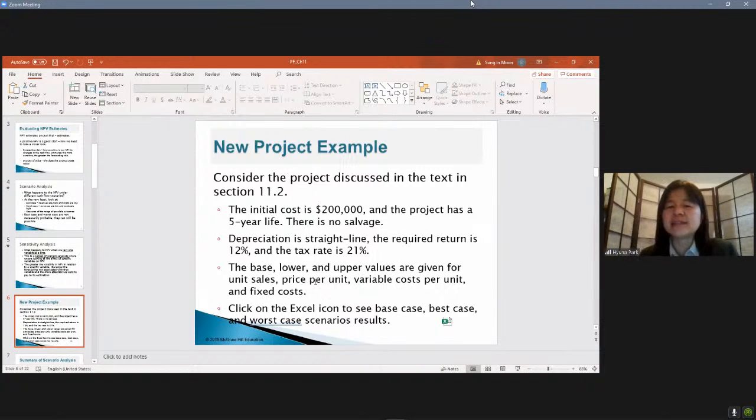So the estimated price per unit will also have a range. Variable costs, such as raw material costs, will have a range too, and fixed costs also may be variable or fixed depending on what project we are talking about.